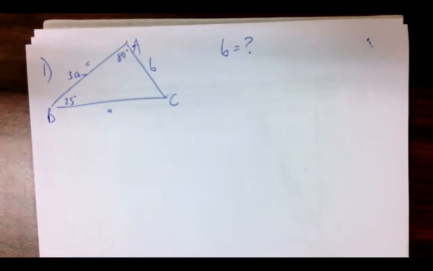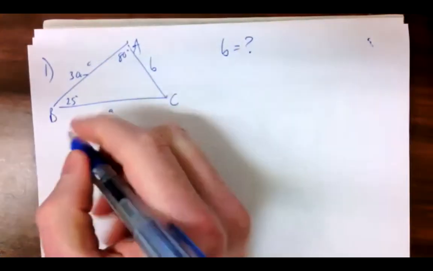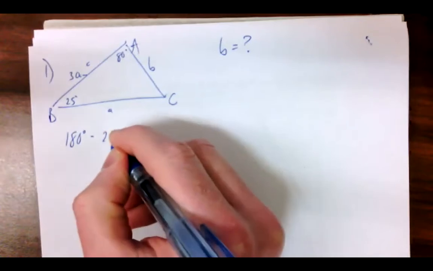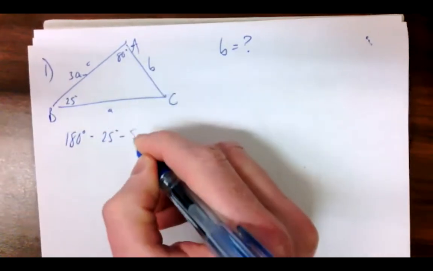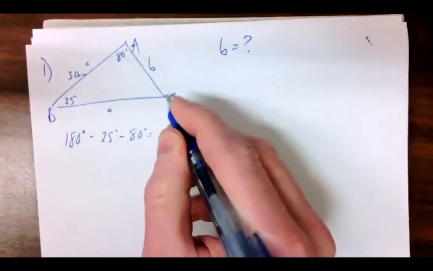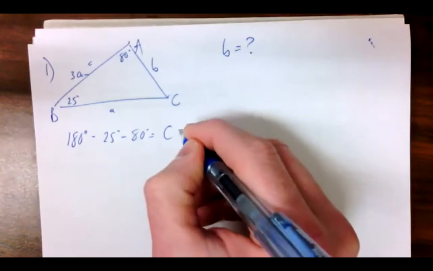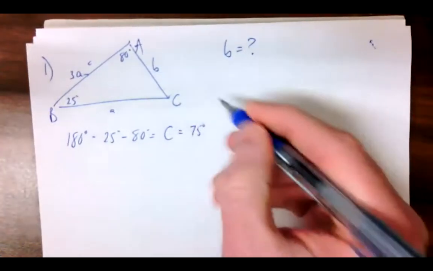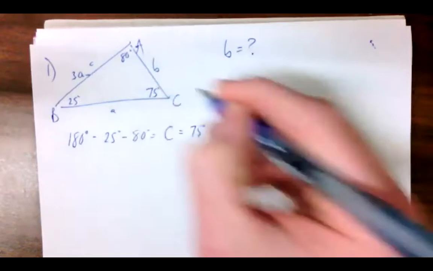So 180 degrees minus 25 minus 80 equals angle C, which is 75 degrees.